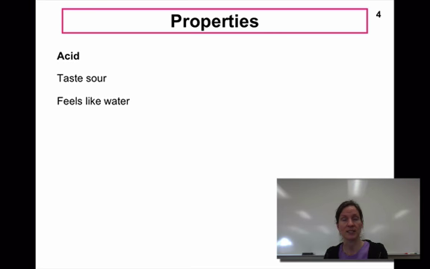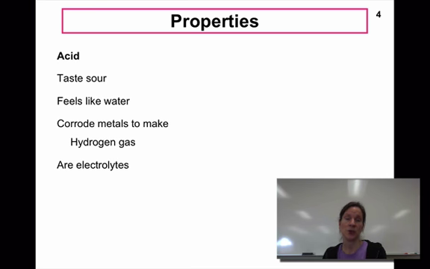So they would actually taste acids and taste the sour taste and end up with chemical burns in their mouths and things like that. So not just food items taste sour. If you were to taste hydrochloric acid or sulfuric acid, it would actually taste sour to you. But it doesn't feel any different than normal water, which is why it's a little scary and dangerous, because we don't know what's in it just by looking at it.